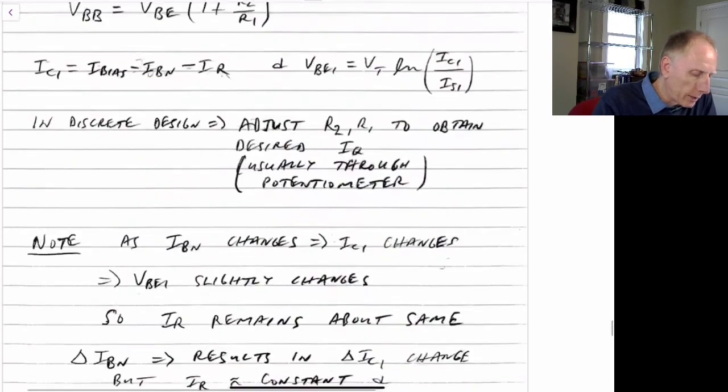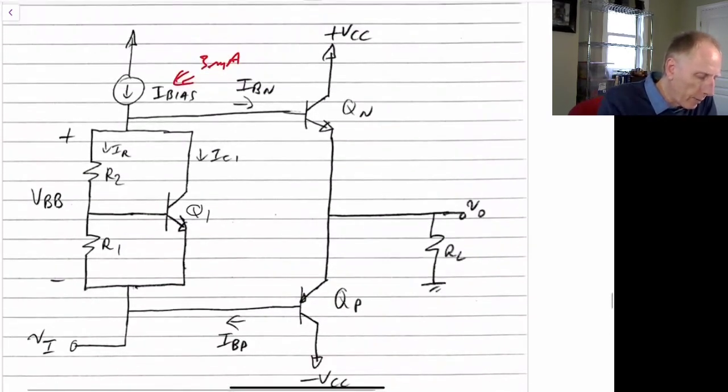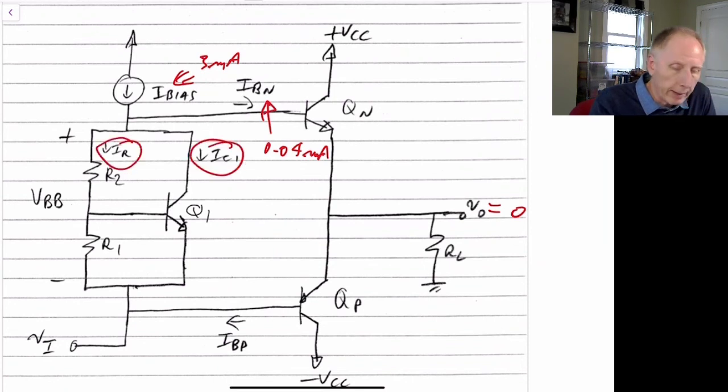So in that particular case, if you recall, we said we have 3 milliamps through here. When Vout equals 0, this current is only going to be 0.04 milliamps. So a very small amount of current. So effectively, almost all this current plus this current will equal 3 milliamps, approximately.